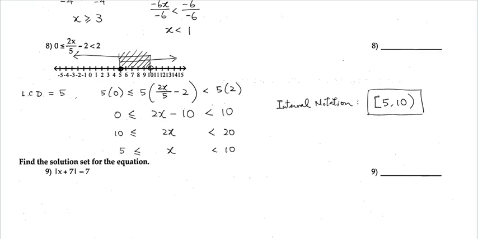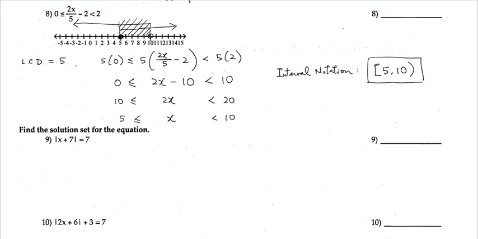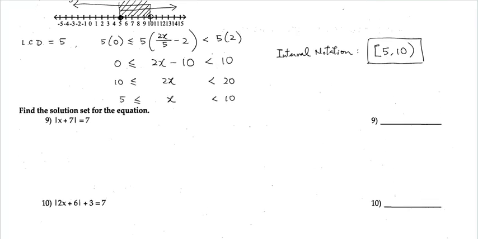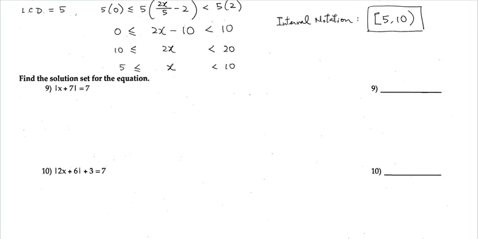Let's see number 9. We want to solve an equation. So we are looking for the x value. We have the absolute value of x plus 7 is equal to 7. So what does that mean?